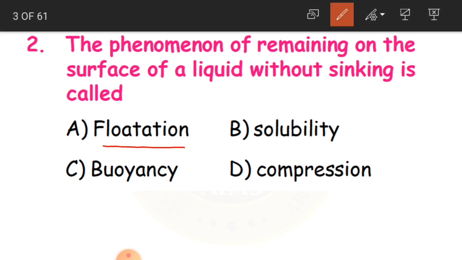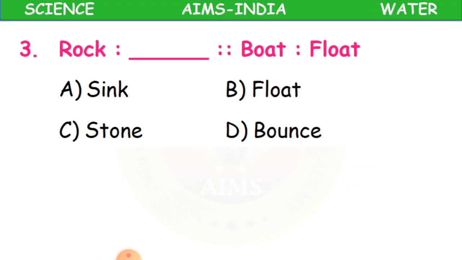Is it flotation or solubility or buoyancy or compression? So what do we say children? If some object is on the surface of the water without sinking in the water, we say that it is floating. So that is why A is the correct answer. Clear children? It is flotation.